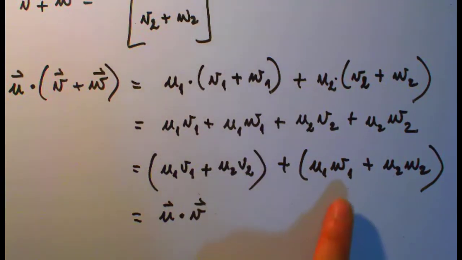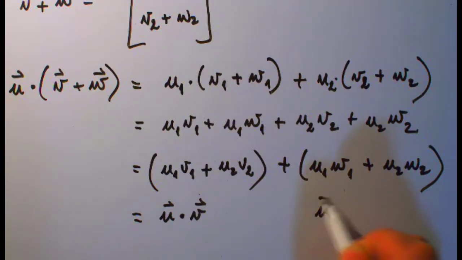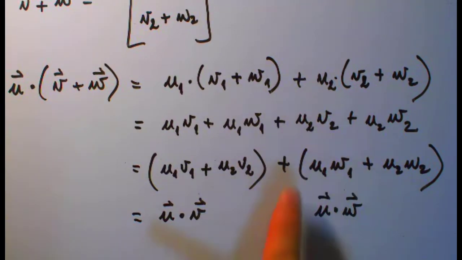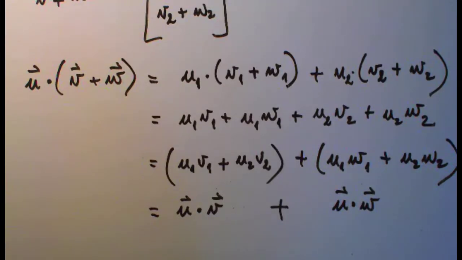And once again, if we look at this other group right here, it turns out to be nothing but the dot product between u and w. And what exists between the two is the addition. And so now we actually made that connection.